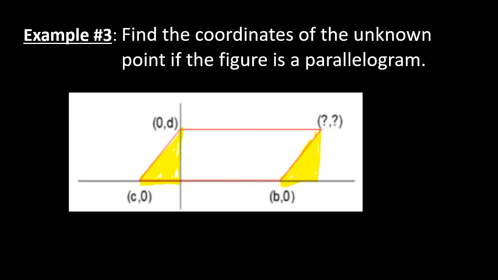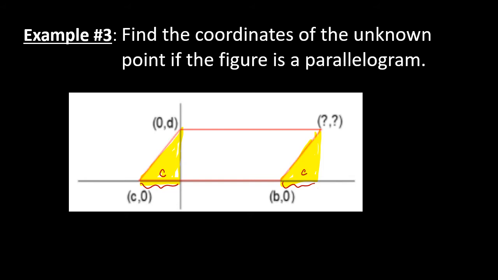So that kind of helps me with knowing that this piece here and this piece here are going to be the same length. So here I went to the left c to get to that point, so that distance is c. So when I go to the right, that distance is also c.